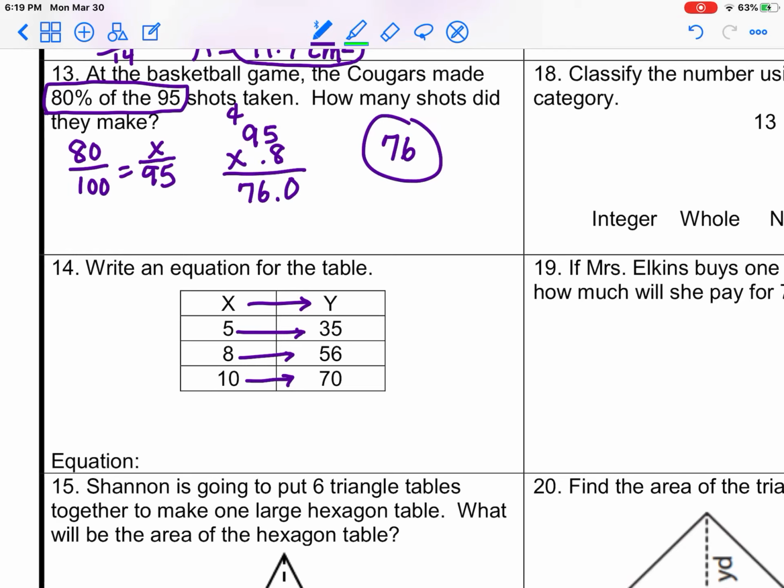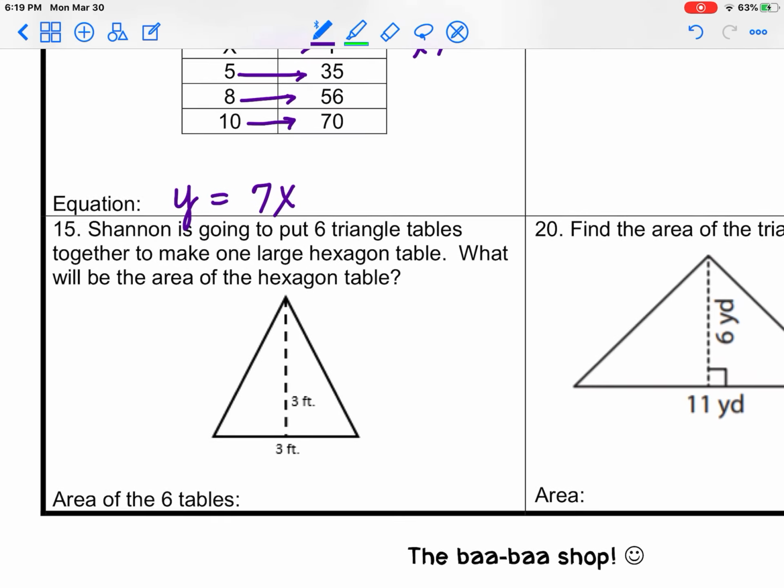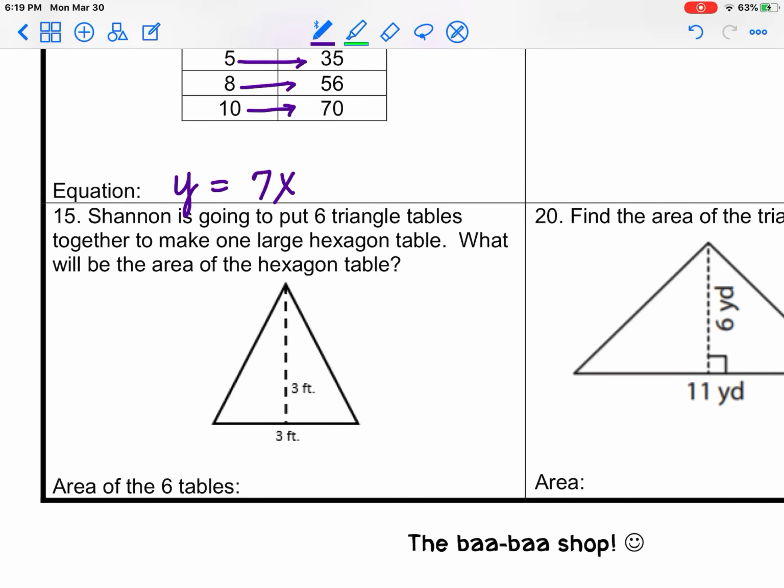I feel like each time x is being multiplied by 7. So we write the equation always starting with y equals 7x. Not x7, 7x. Not 7 times x, not x times 7. Literally the only thing acceptable here is y equals 7x.